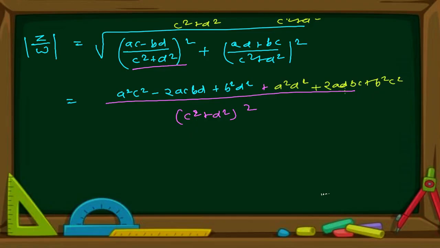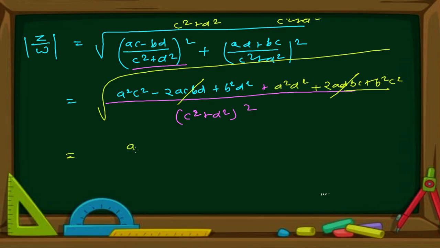All right, and these all are inside the root. So here you can cancel this, and then you're left with a squared c squared, and this is a squared d squared. So after writing this, I'm writing this one, all right? So it is a squared d squared, and again here I have b squared d squared. I write this, then I'll write this b squared c squared, right? It's b squared c squared.